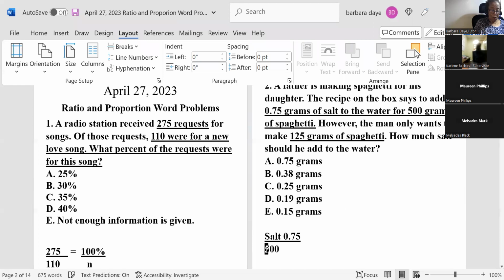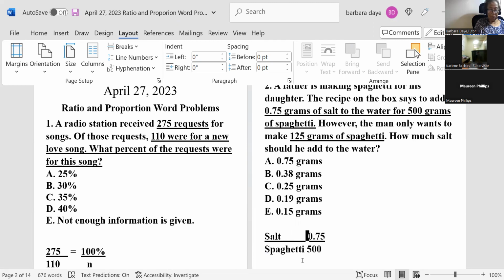So this is salt over spaghetti. So salt over spaghetti, and then they will put like a P over 125. Okay, so salt over spaghetti, and let's put equal.